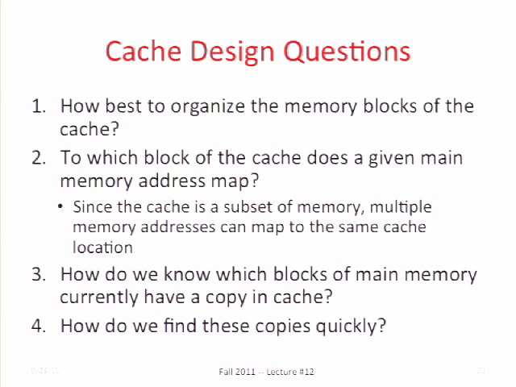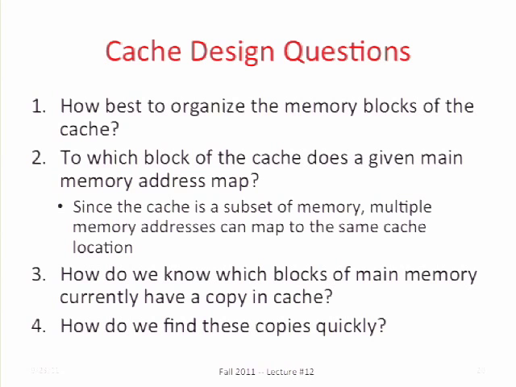Okay, so today we're going to talk about the simplest way of doing this. It's called a direct mapped cache. Basically, we have blocks in memory and a much smaller number of blocks in the cache, and we're going to move things from memory into the cache, and then if they get updated, we're going to move them back out. Each block of memory in a direct mapped cache can end up in exactly one place in the cache.